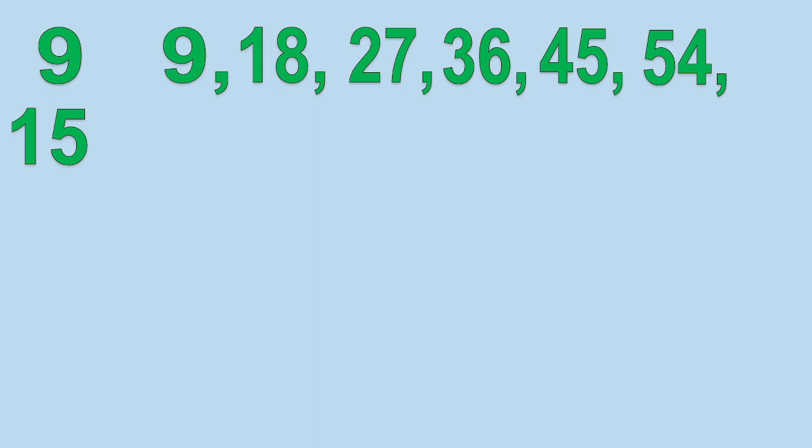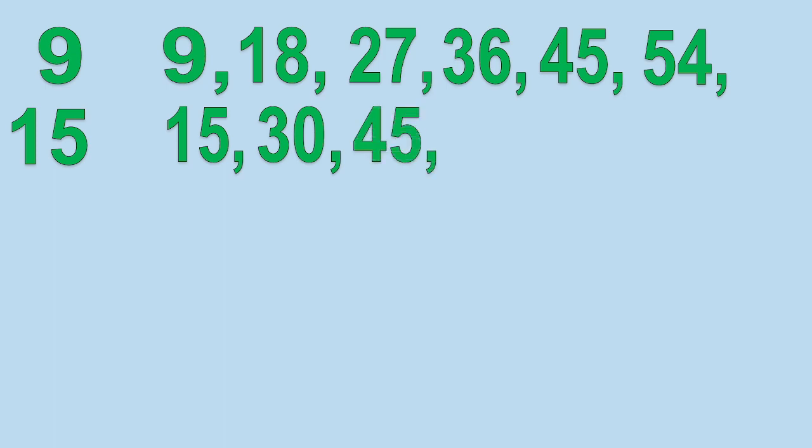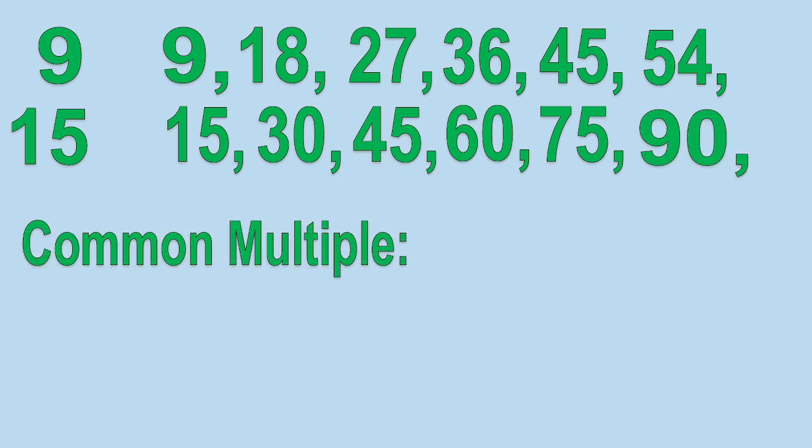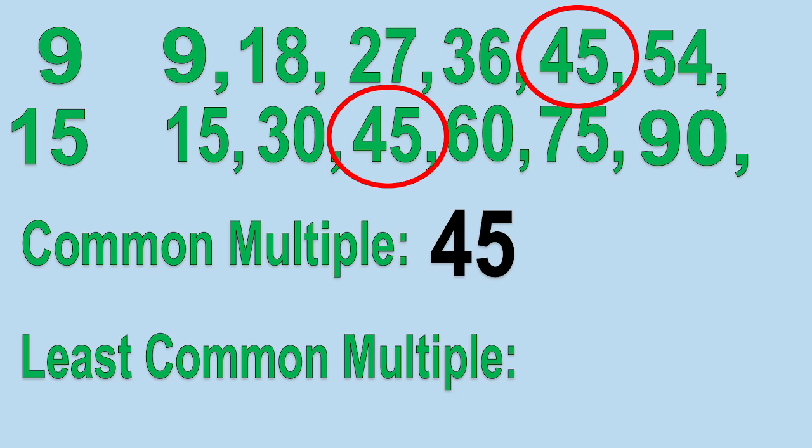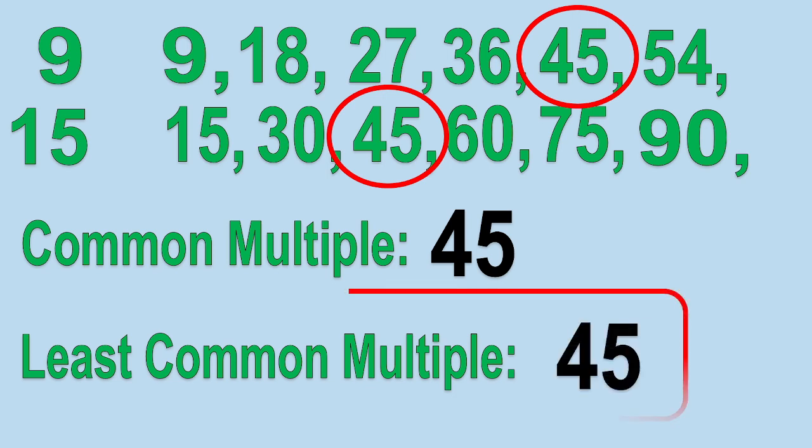How about 15? We have here 15, 30, 45, 60, 75, and 90. So, the common multiple is 45. So, the least common multiple is 45.